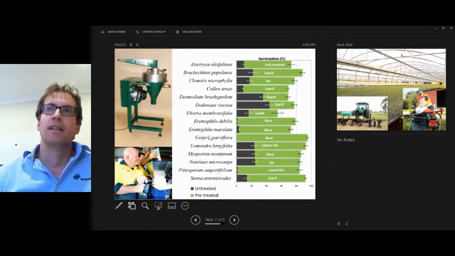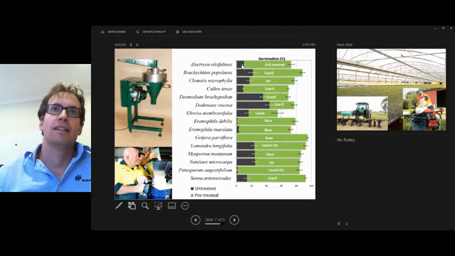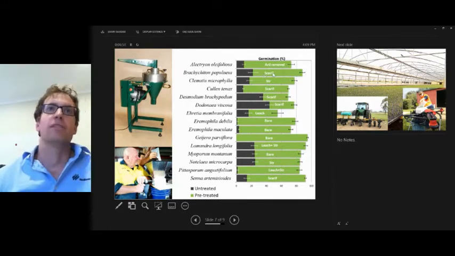So whether it's in seedling production or direct seeding, this just really highlights these are some of the seeds that had dormancy issues, and you can see the dark grey part on the graph is the germination percentage with no treatment done to the seed, and then this green bar is the germination percentage of the same seed lot that has undergone some sort of pre-treatment.